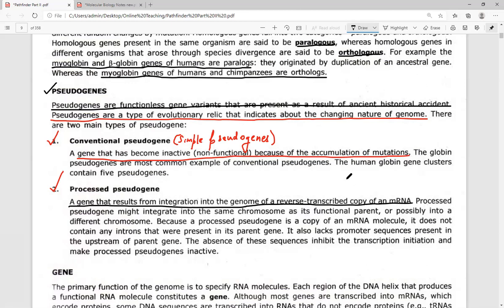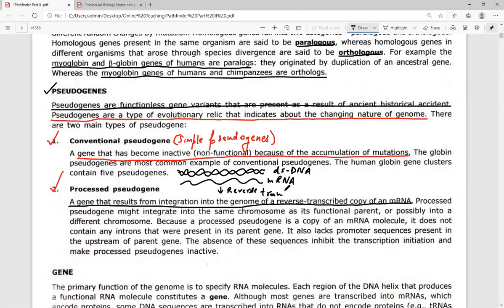When the reverse transcribed copy of an mRNA is being integrated, for example, मान लीजिए यहाँ पर एक DNA है, supposing a double stranded DNA is present here. This double stranded DNA gives rise to an mRNA molecule. Okay, this is the mRNA molecule that is going to be produced from this dsDNA molecule. Now, this mRNA molecule can be reverse transcribed.